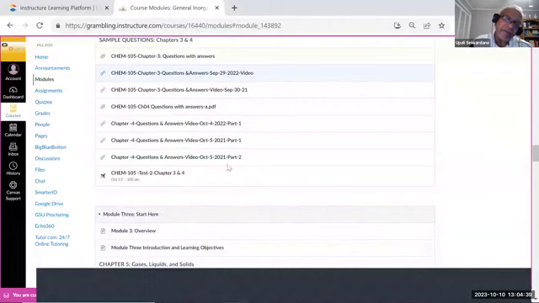To take the test, you click on the bottom item in the Module 2, Chemistry 105, Test 2, Chapter 3 and 4. I sent an email and announcement telling you that your test is going to be on Friday.